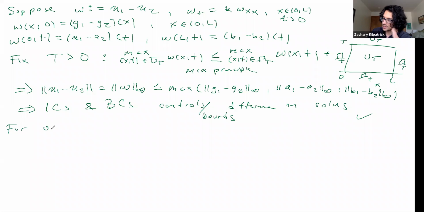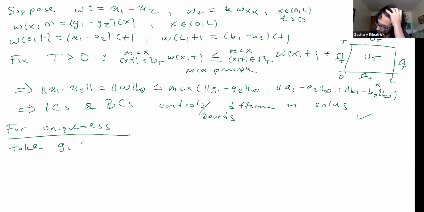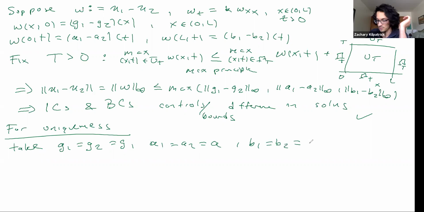For uniqueness, you do something similar, okay? You essentially can take G1 equal to G2, call it G or whatever, A1 equal to A2, call it A, and B1 equal to B2, and call it B, okay? And in that case, what you get is what?